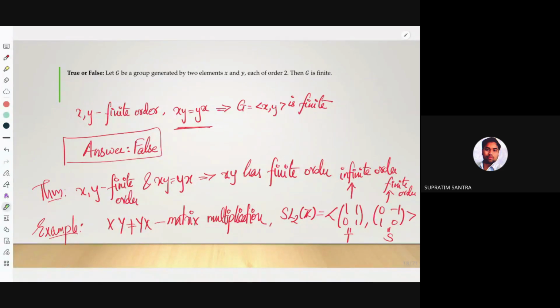So this is a question which depends on if you know examples. And I agree it's always difficult to think of examples when you are in an exam hall. I have personally been in that space and I know how frustrating it is to find an example.